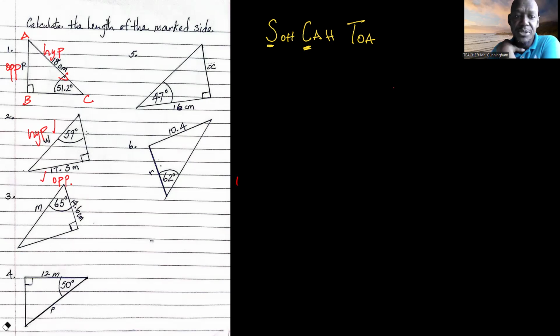I'm going to ask someone now to look at the question. Shalomi, you're going to name the sides that you're supposed to name in question 3, and tell me why. Go ahead.